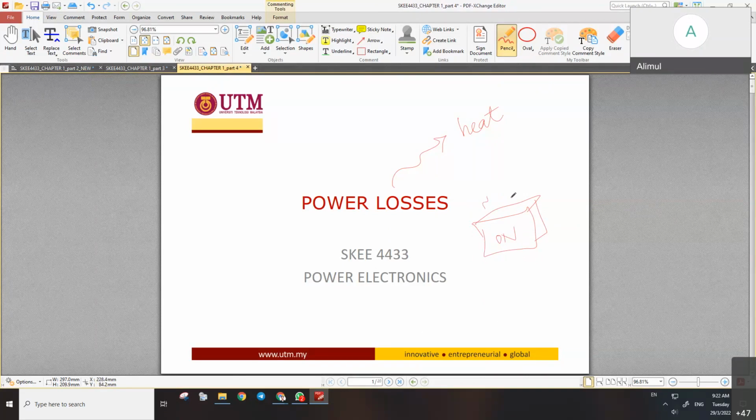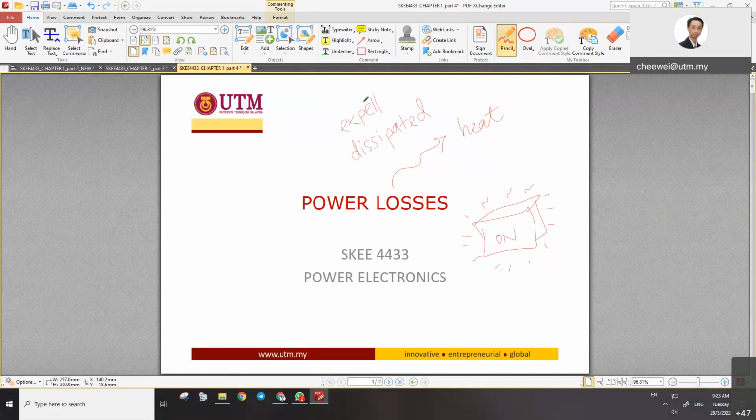Hot. Why is it hot? Because you put it in the oven? No, because of power losses that are dissipated in terms of heat. So we call it dissipated, or expelled, or what do you call it?